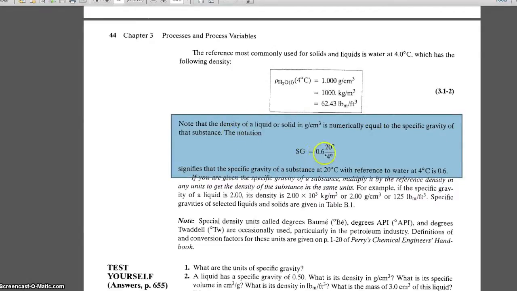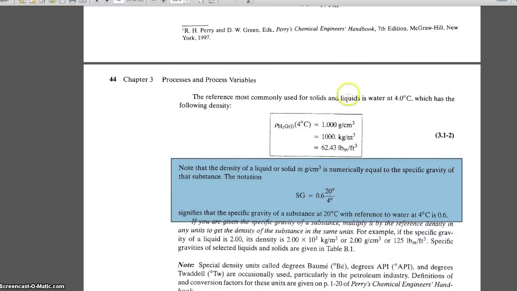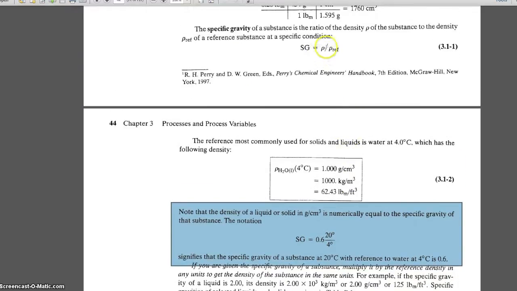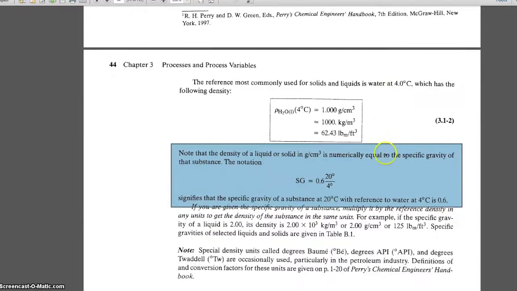The notation 0.6 20 over 4 signifies that the specific gravity of a substance at 20 degrees C, with reference to water at 4 degrees C, is 0.6. So if the reference is 1, then the density on top is 0.6, because 0.6 to 1 is 0.6. Duh. Right.